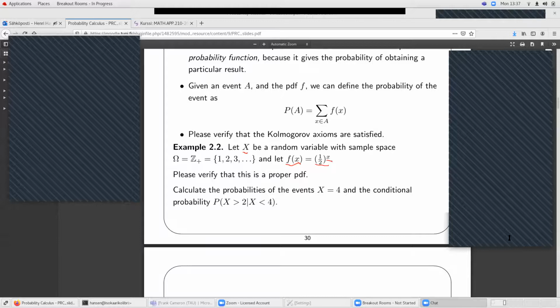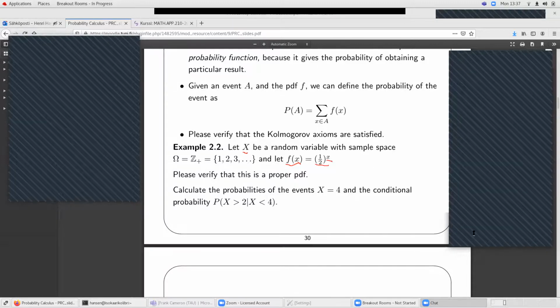What about the conditional probability that X is greater than 2 under the condition X is smaller than 4? Basically you have to calculate the probability of X greater than 2 under X smaller than 4. The suggestion is 0.125. Anyone else? Someone got 1/7. Okay, let's do the math here.